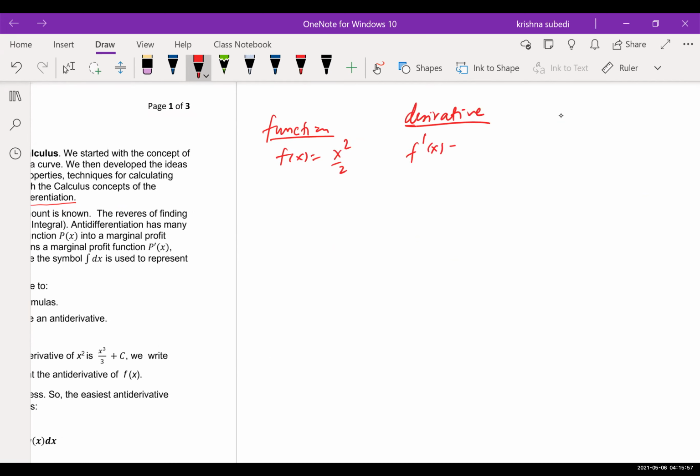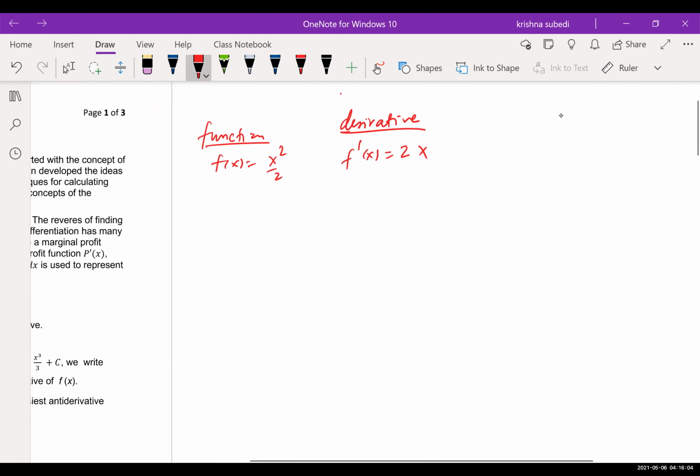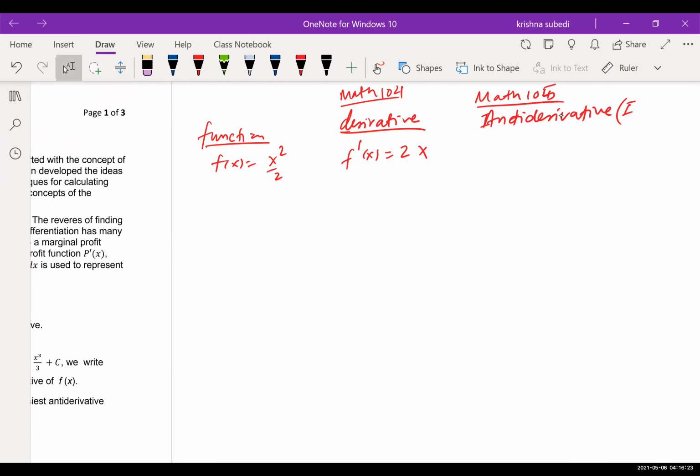The derivative is x, right? Now this is what we did in math 104. Now in this math 105, we do the opposite of that, which means integration. It's antiderivative. It is called integration as well.